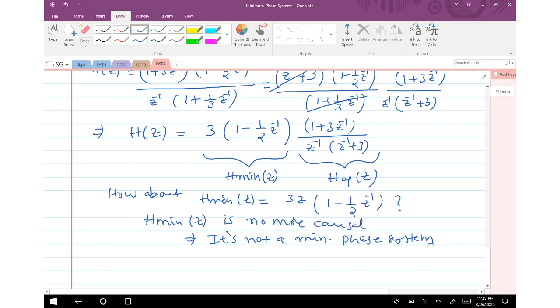In all pass systems we already discussed that even with z to the power minus 1, multiplied by z to the power of any positive or negative integer, it would still be an all pass factor because its magnitude is essentially 1. So these factors should come only in H_ap(z), and not otherwise.